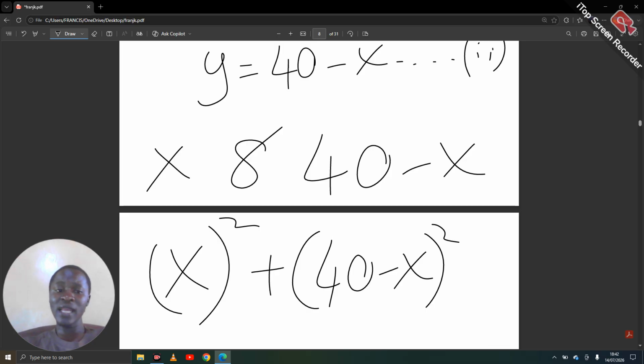So this is what an examiner wants us to do. x squared plus 40 minus x into bracket squared. Are we understanding one another?